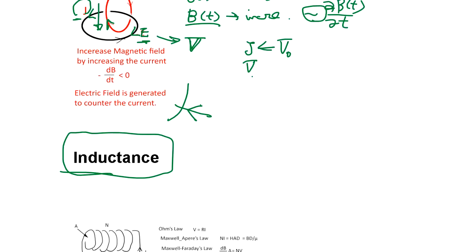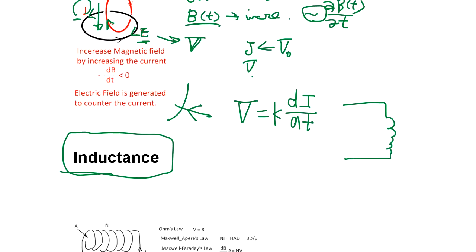What inductance means is that when you have a current, its derivative is going to produce a voltage across the conductor. With an alternating current I, that produces a counter voltage.